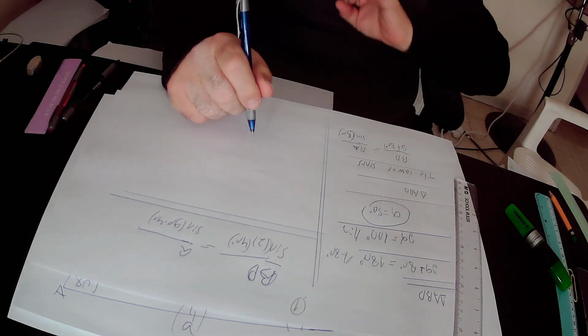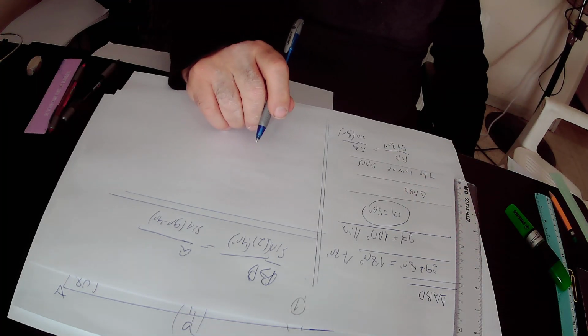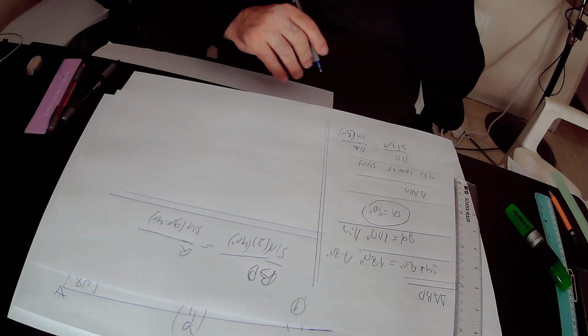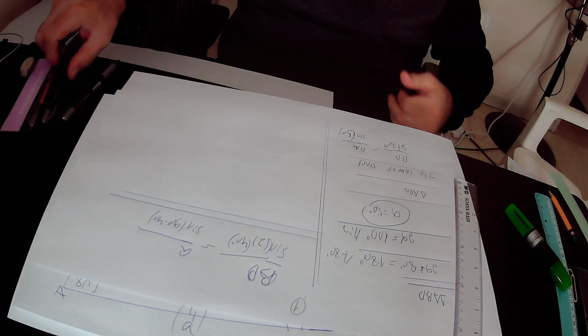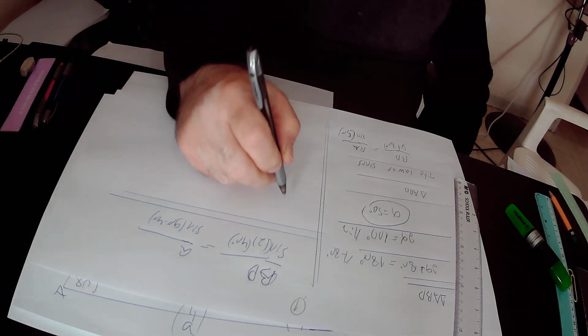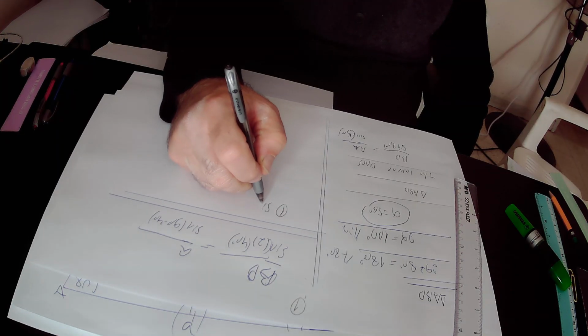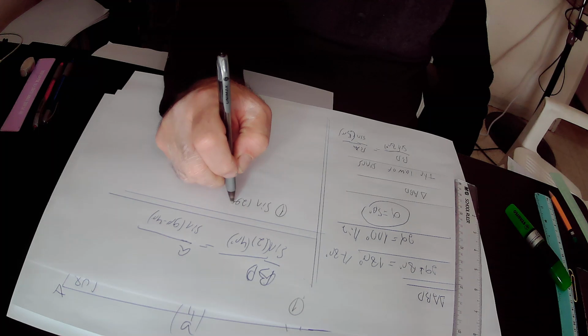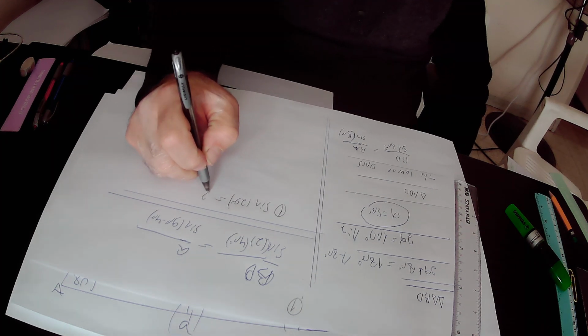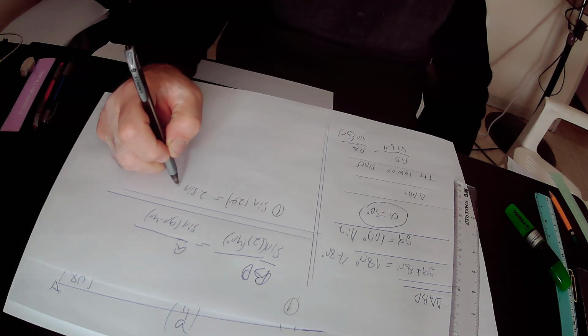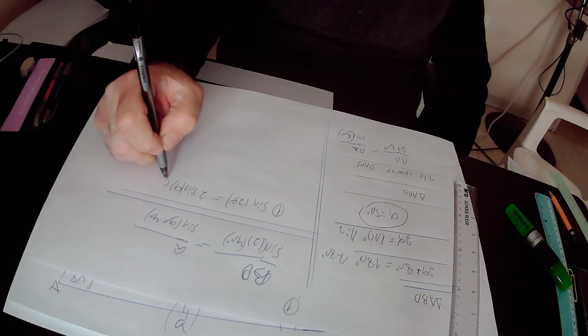We use here two trigonometric identities. The first trigonometric identity is as follows: sin 2 alpha equals 2 times sin alpha cosine alpha.